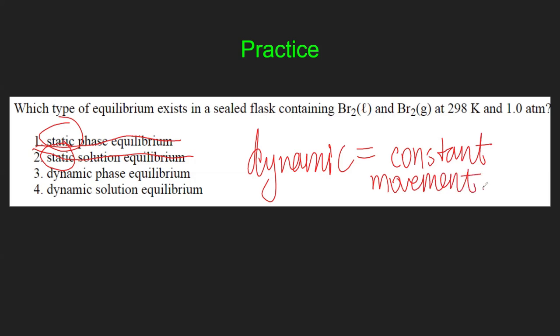This is a word we don't necessarily use this way in everyday language, but a little bit, right? When a performance is dynamic or a person is dynamic, you don't think of them as a person who just sits around and is boring, right? So this constant movement is in a phase equilibrium, because they're describing phases to you with these subscripts.